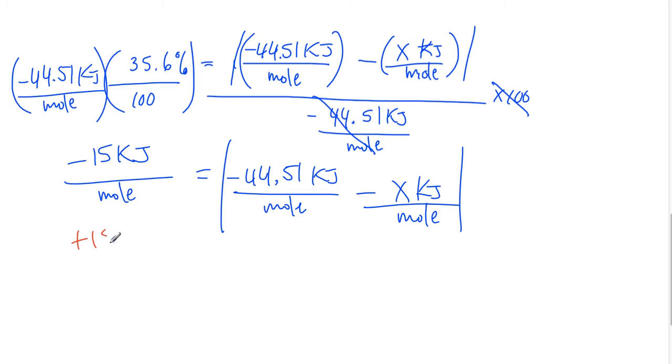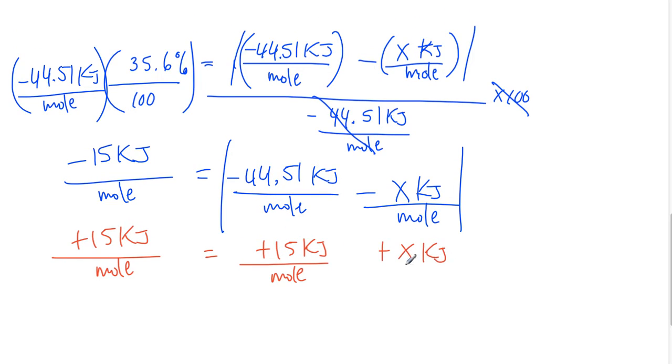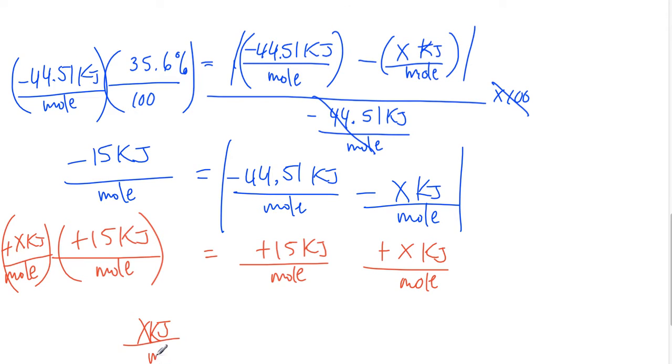So if we add 15 kilojoules per mole to that side, and we add 15 kilojoules per mole to this side, and we add x kilojoules per mole to that side, and we add x kilojoules per mole to that side, then what we have is x kilojoules per mole equals 28. Negative 28 equals negative 28 kilojoules per mole.